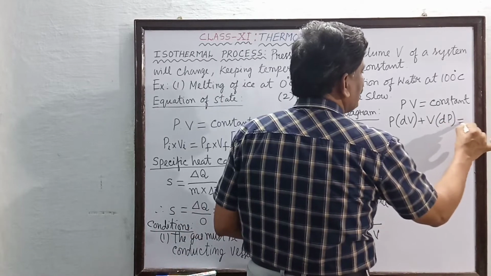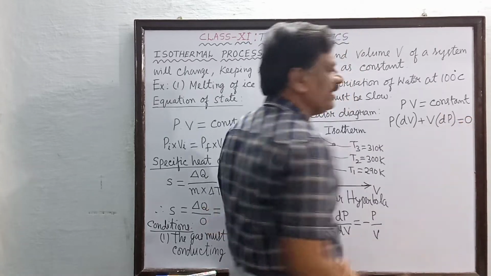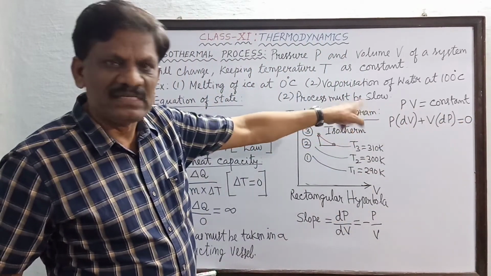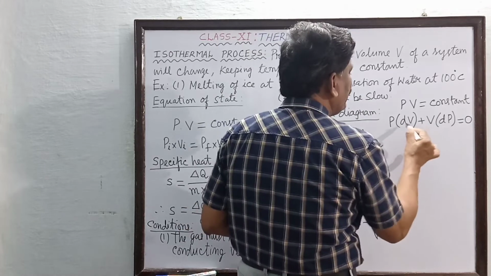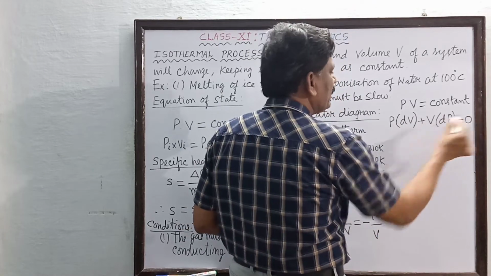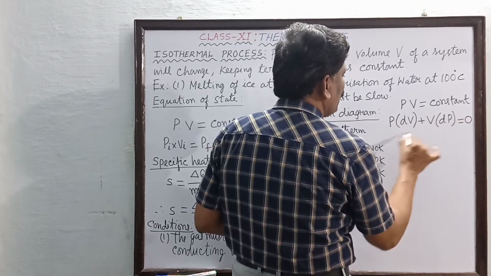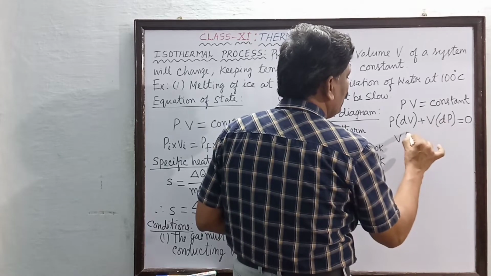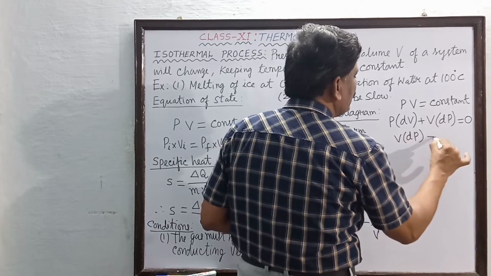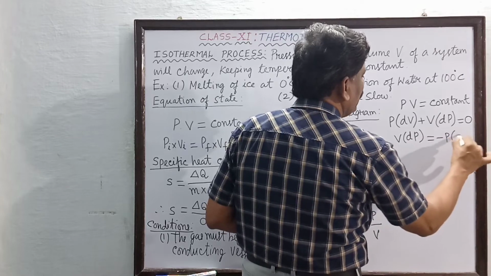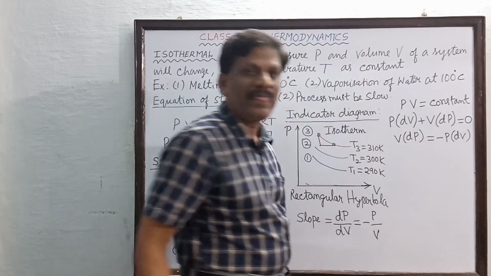And the right hand side, differentiation of a constant is equal to what? 0, is it not? 0. So P dV plus V dP is equal to 0, or V into dP is equal to minus P into dV.